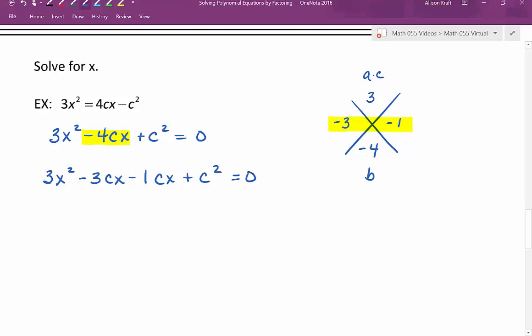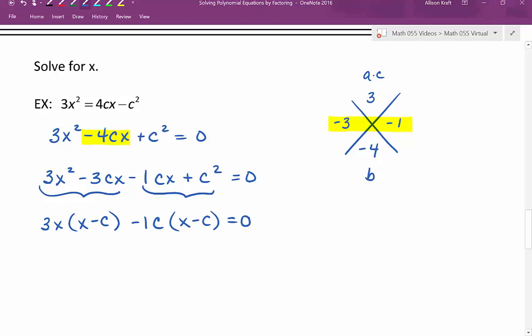Remember, when you're uncombining that middle term, you're not changing the variables at all. You're only changing the coefficient. Now we factor by grouping. The GCF out of the first two terms is 3x, leaving us with x minus c. The GCF out of our second two terms is -1c, leaving us with x minus c.